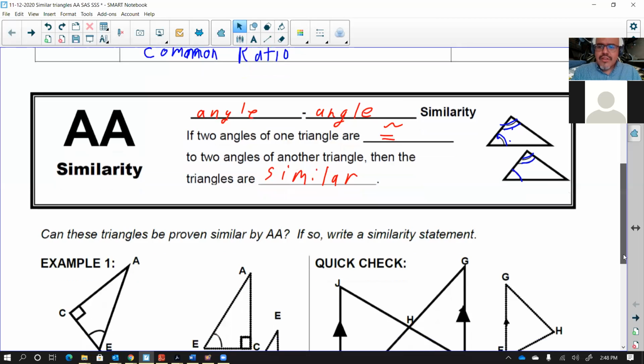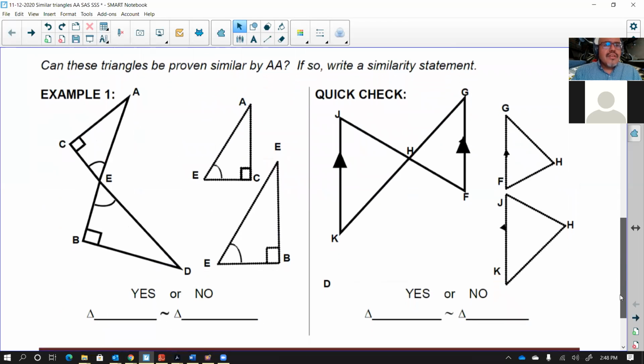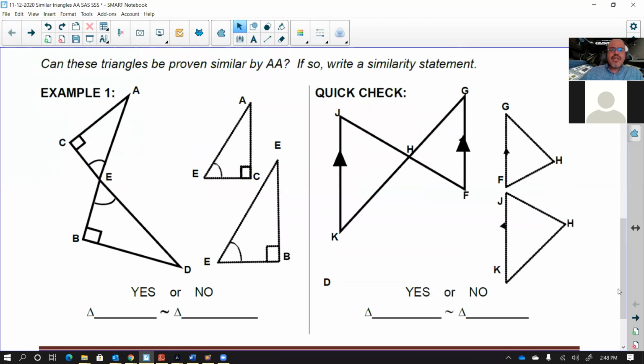All right, so 180 degrees and all that. So can these triangles be proven by AA similarity? Well, on this particular triangle, we have that angle C and angle B are both congruent. Now we also need another angle.